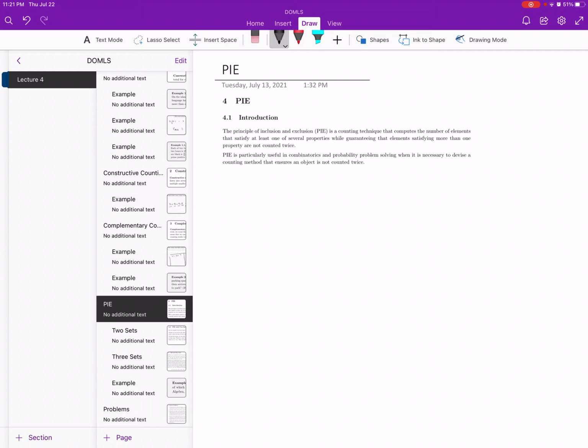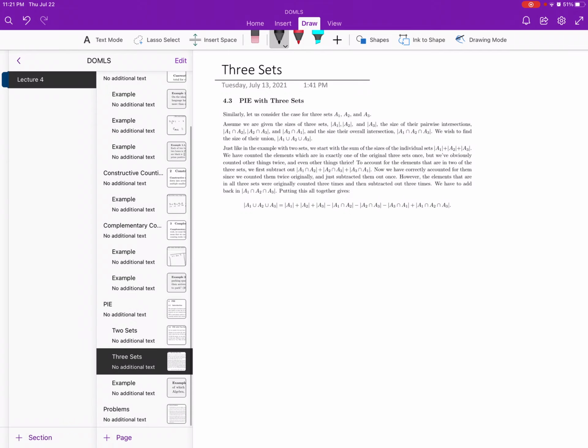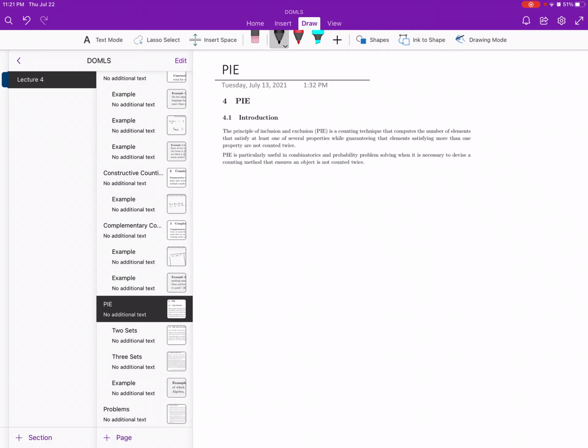PIE actually shows up a decent amount on different competitions. And here we're only going to talk about 2 sets and 3 sets for PIE, and these are the simple cases where you can literally visualize it, but you should never be afraid of using PIE on more sets than 2 or 3. In fact, on the AIME in 2020, PIE actually showed up.